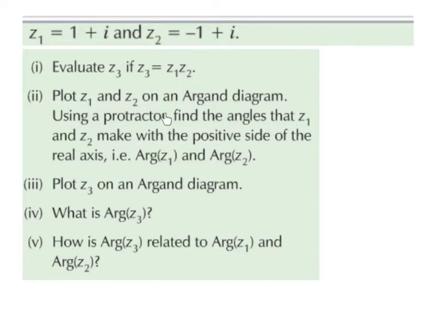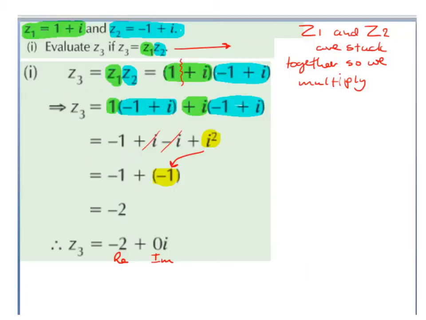Using a protractor, find the angles that z1 and z2 make with the positive side of the real axis, i.e. the argument of z1 and the argument of z2. Part 3. Plot z3 that you worked out in part 1 on an Argand diagram. Part 4. What is the argument of z3?